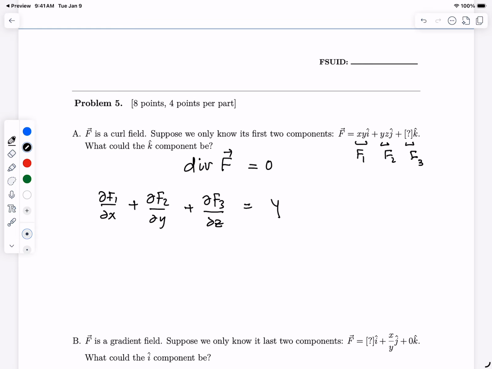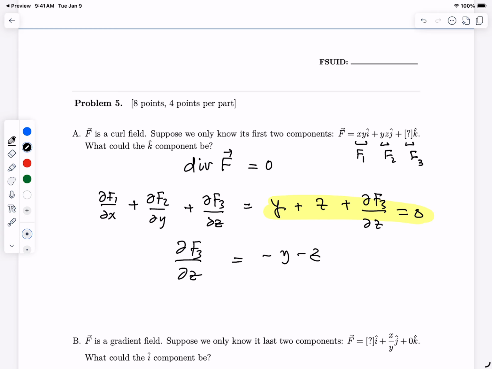The derivative of F1 is y, F2 is z, and this thing is 0. What should I do here to find what F3 should be? Yeah, very good. So partial F3 by partial z is negative y, negative z.